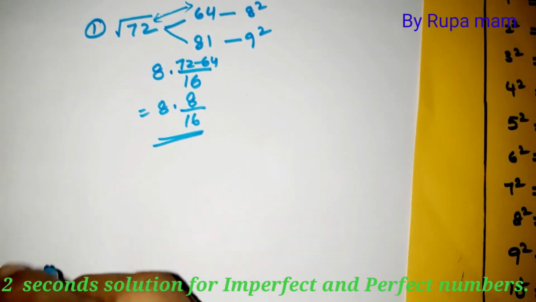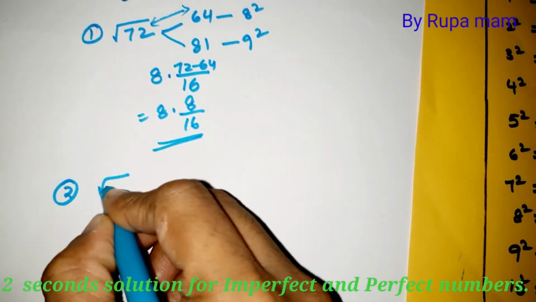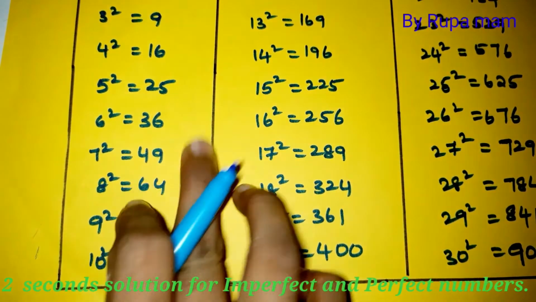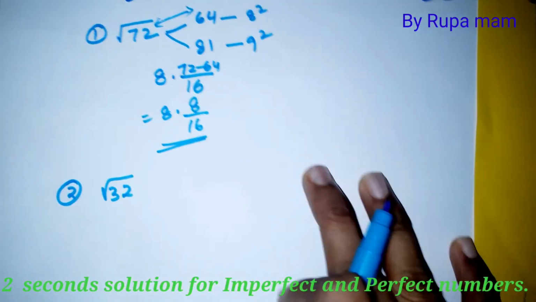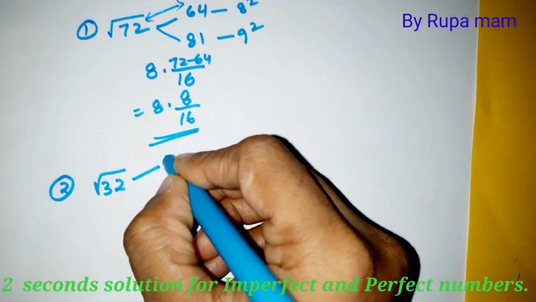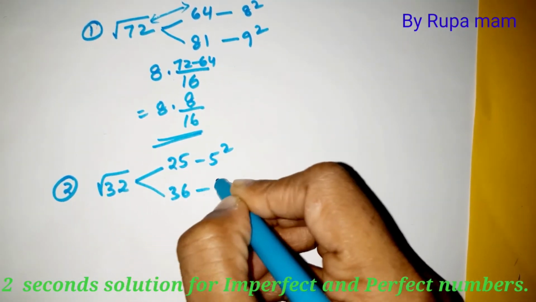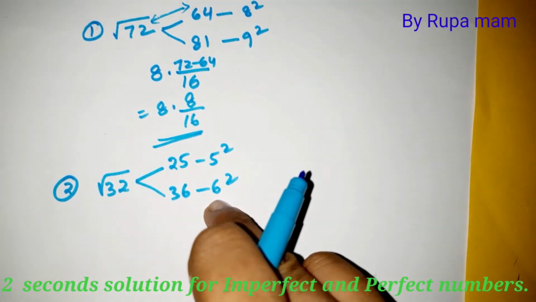In a similar way, see the second question: root over 32. Root over 32 is present between 5 square and 6 square, that means 25 and 36. So the square root of 32 must be between 5 and 6.